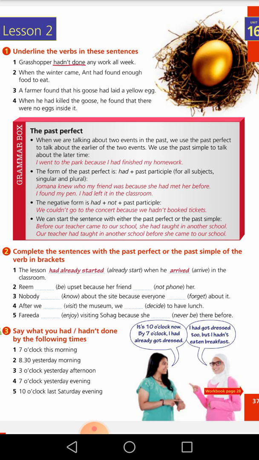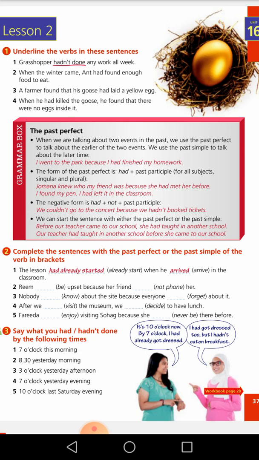Most of us use past simple tense after when, but sometimes we use past perfect tense after when. It depends on the action which happened first. In the example, when he had arrived at the station, the train left.